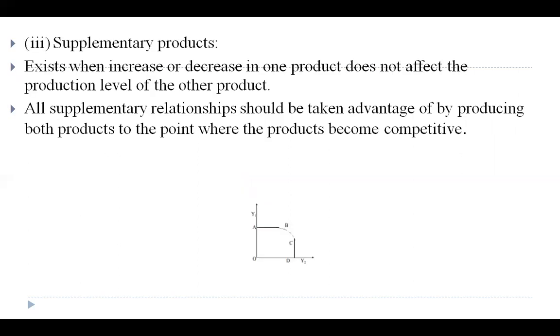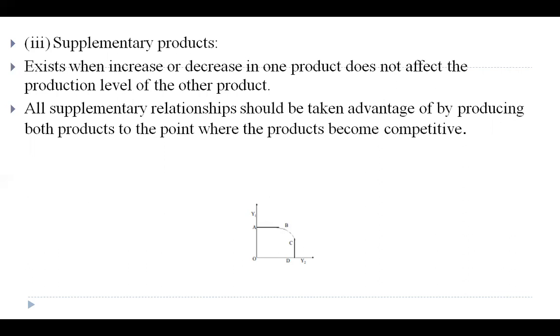Now see, supplementary product or supplementary enterprise. Such a relationship exists when an increase or decrease in one product does not affect the production level of the other product. If one product increases, there will be no effect of that increase on the other product. So all supplementary relationships should be taken advantage of by producing both products to the point where the products become competitive. So at a certain level they show the supplementary relationship, but after that it converts into competitiveness.